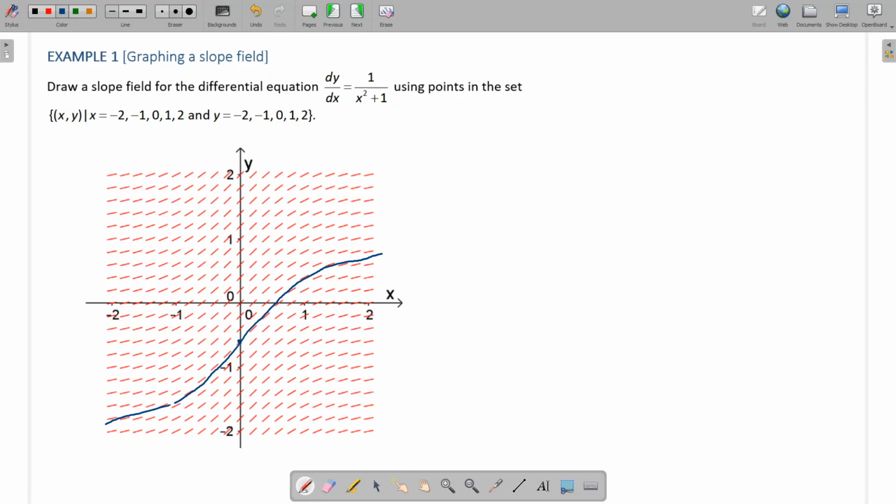What I see is that as I go this direction, each of the slopes is becoming less and less steep, so it's trying to flatten out, and I can see the same thing happening back in this direction. So if this was our initial value, then this would be a particular solution, or at least close to a particular solution passing through that point.